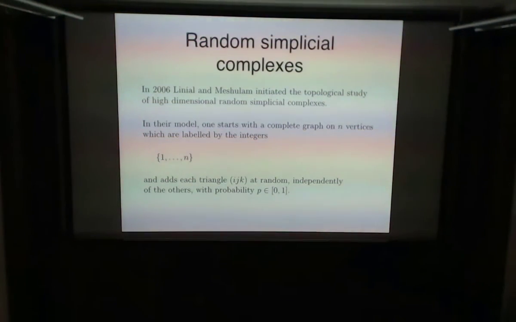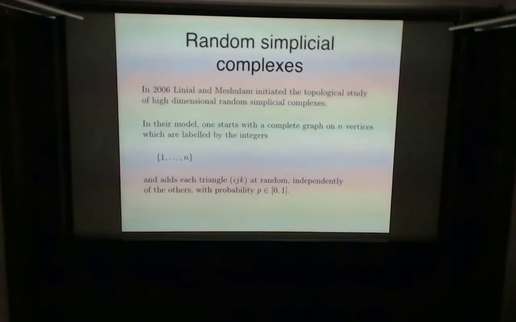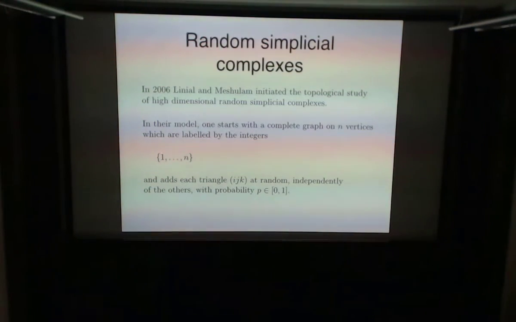So here one starts with a complete graph on n vertices. So we have n vertices, and every pair of vertices is connected by an edge. These vertices are labeled by integers 1 to n. And then we consider triangles. We decide which triangles we add, which triangles we don't add.